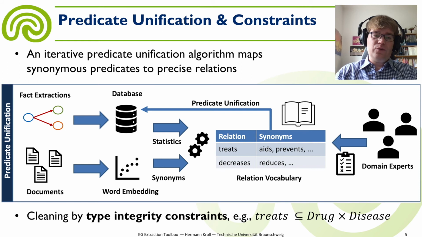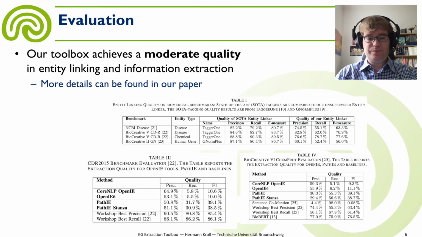In addition to this predicate cleaning, we also support the cleaning by type integrity constraints. A domain expert might define that the treats relation should only be a relation between drug and diseases, and if the filter is applied, so the integrity constraint is checked, then all statements which do not match this signature will be removed from the database.